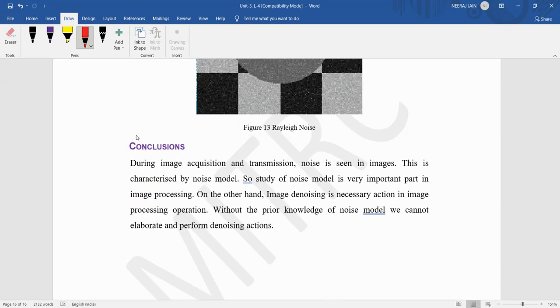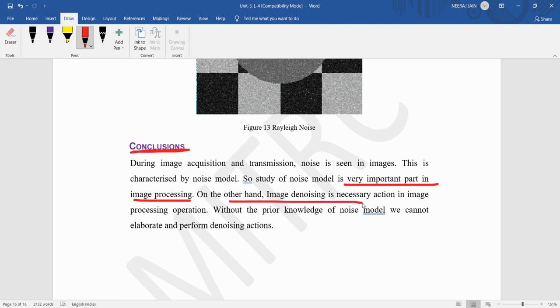In this way, we conclude that there are several noise models during image acquisition and transmission. Noise seen in images is characterized by noise models, so the study of noise models is a very important part of image processing.